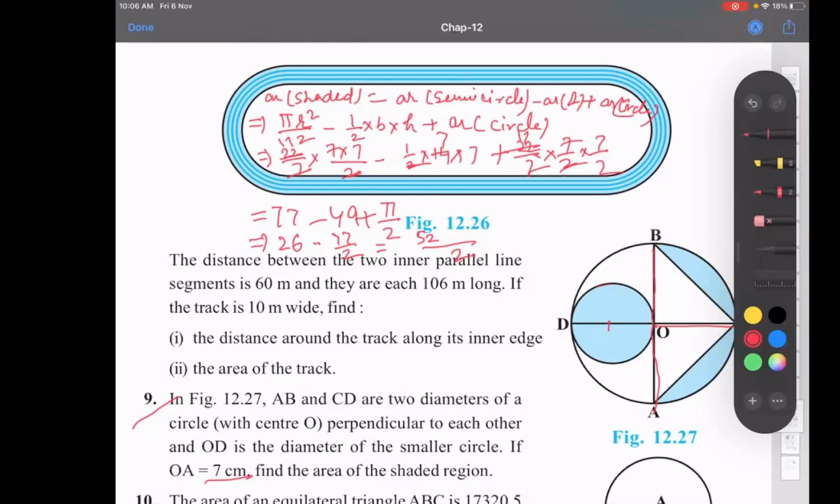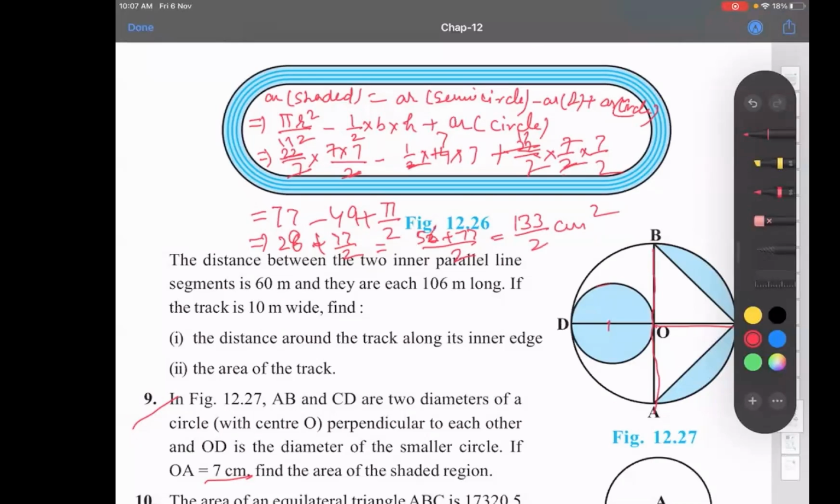Do the calculation. Area of shaded region is equal to 133 upon 2 centimeters square.